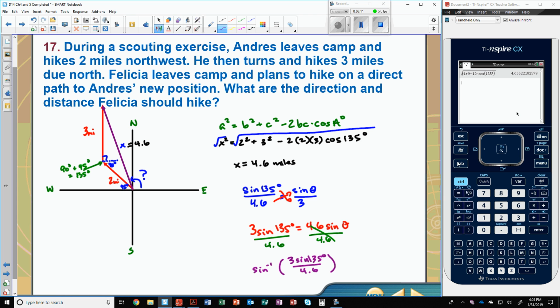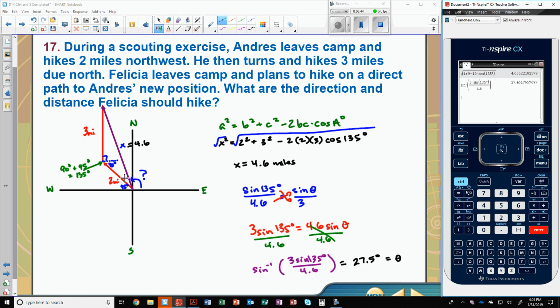So come over here, trig, sine inverse of 3 sine 135 degrees, degree symbol here, over 4.6, like that, and we get the value 27.46. I'm going to say 27.5 degrees, and that's going to equal our theta that we are looking for.